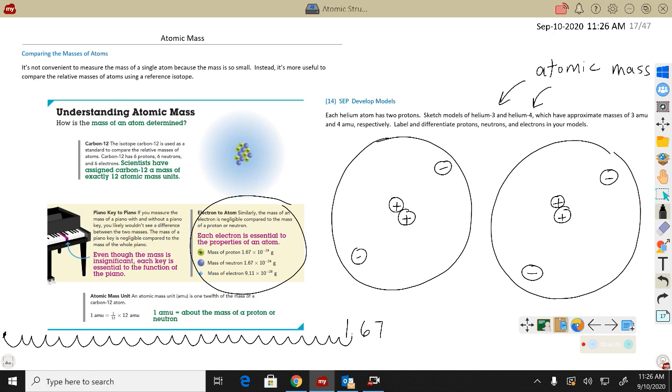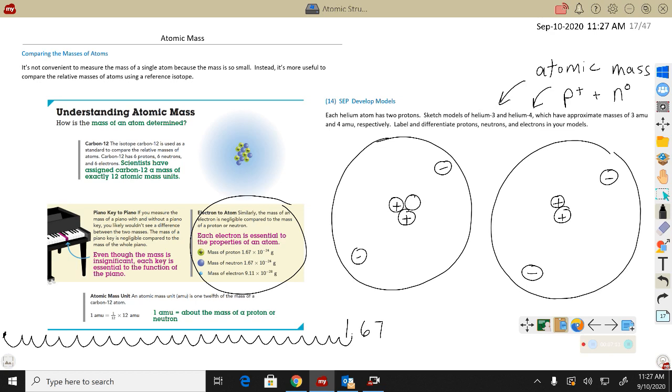But now when I look at the mass, I have to remember that the mass number is a combination of the positive protons plus the neutral neutrons. And we're saying that the mass of an electron is negligible. Okay, so then if I know helium-3 has a mass of 3 amu, there are already 2 protons, then I'm going to put in 1 neutron.